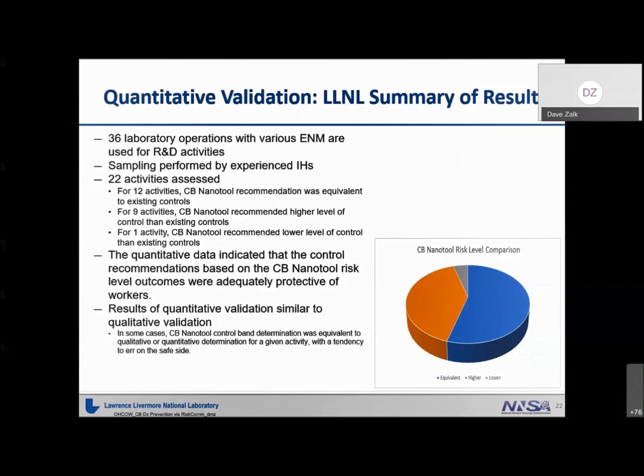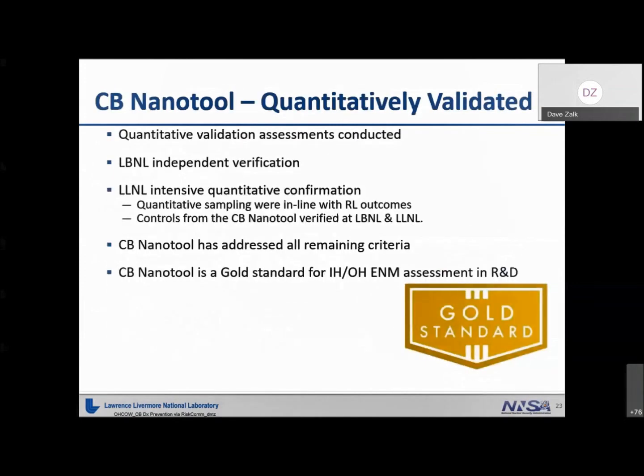You know, the tier 1, tier 2 errors are really important. You do not want to tell a worker that things are safe when in fact they're not. So this is a very acceptable outcome, and we're very happy with this. But most importantly, we got to combine it with another national laboratory in Berkeley that did their own independent, quantitative validation of the control banding nanotool.